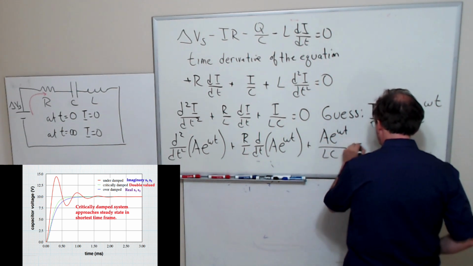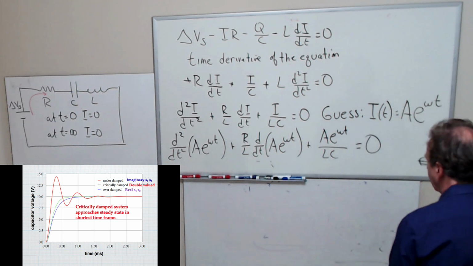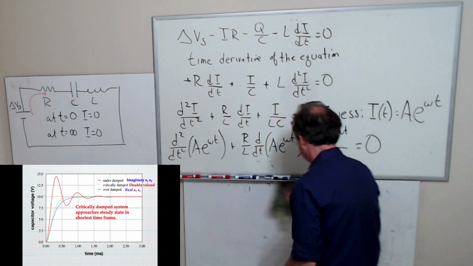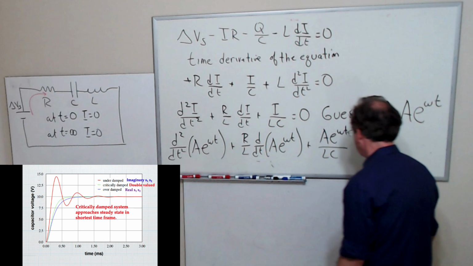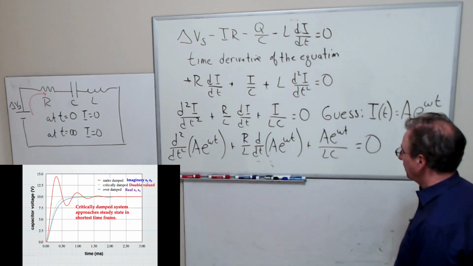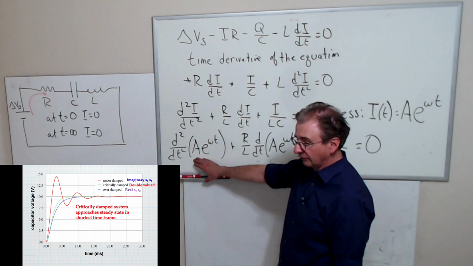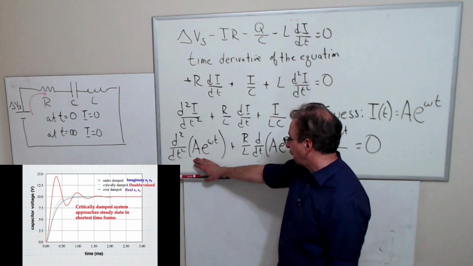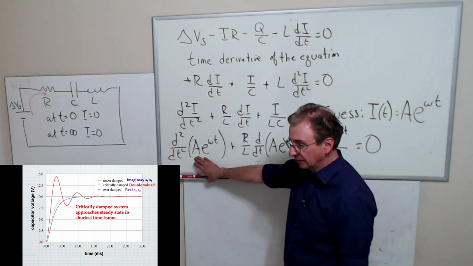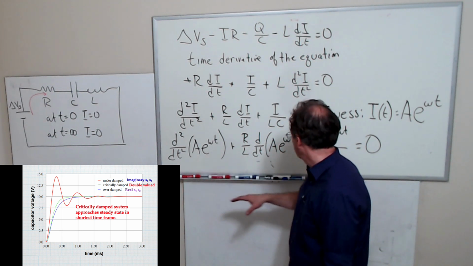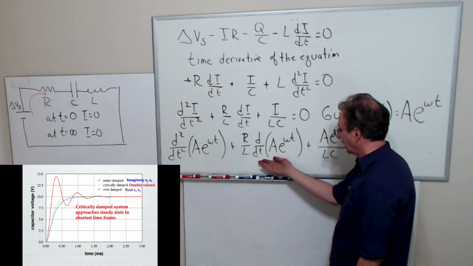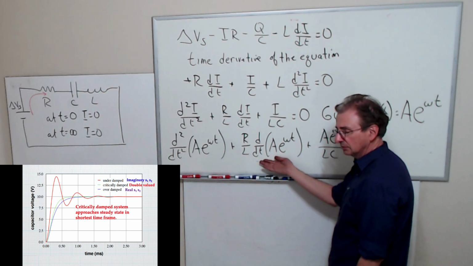I'm going to take a look at this real quick because I want to skip a couple steps if I can. If I take the second derivative of this thing here, don't I get this function back times omega squared? Think about it. If I take the derivative of this term with respect to time, don't I get the function back times omega?